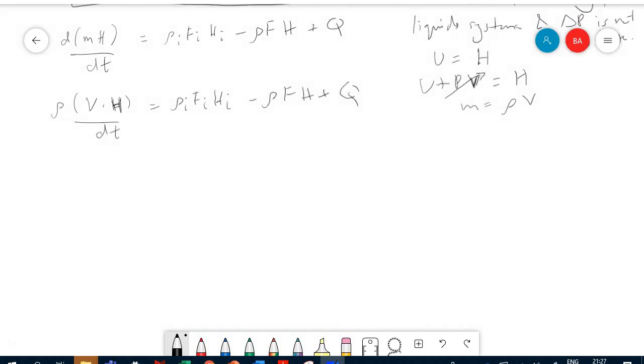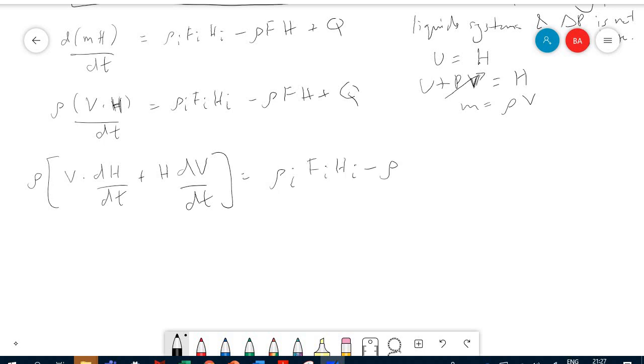Here we have a multiplication, and we apply the product rule, so we can say that rho, multiplied by v dh by dt plus h into dv by dt, is equal to rho I fi hi minus rho f into h plus q.